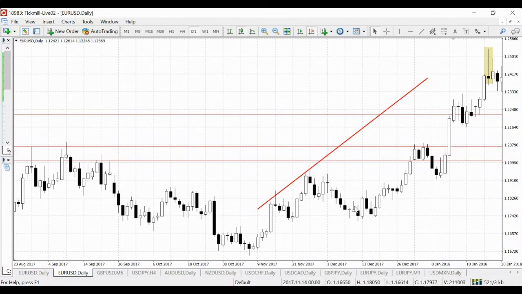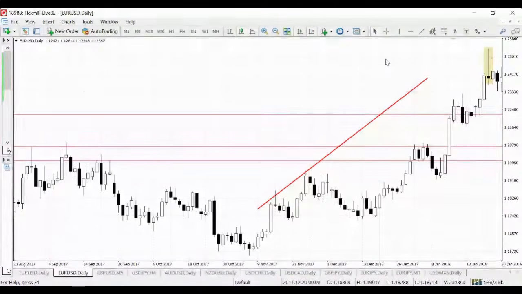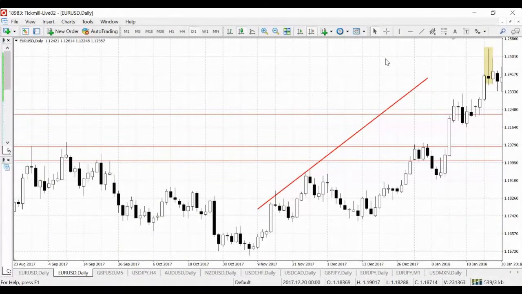This pin bar is a sell pin bar that comes against the previous trend, and we also don't have any information that tells us this is a resistance level or an important level. Remember, we want to trade pin bars when they form near support or resistance levels. That's one of the keys for successful pin bars.